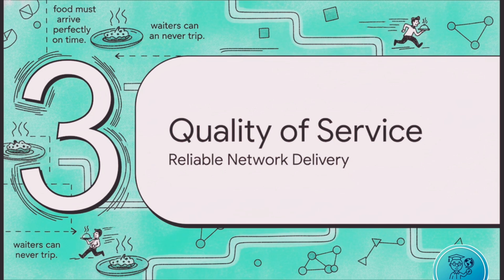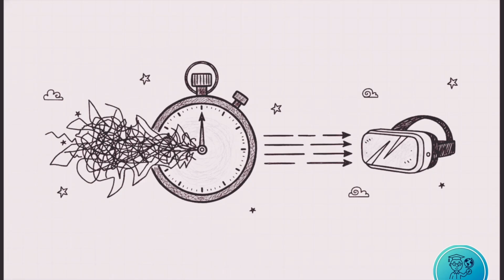Okay, let's look at part three, ensuring quality of service. Because for this digital restaurant to actually function smoothly, our waiters can absolutely never trip, right? That data has to arrive perfectly on time. Delivering streamed 3D data just in time requires pinpoint precision. You can't just throw more hardware at the problem and hope for the best.